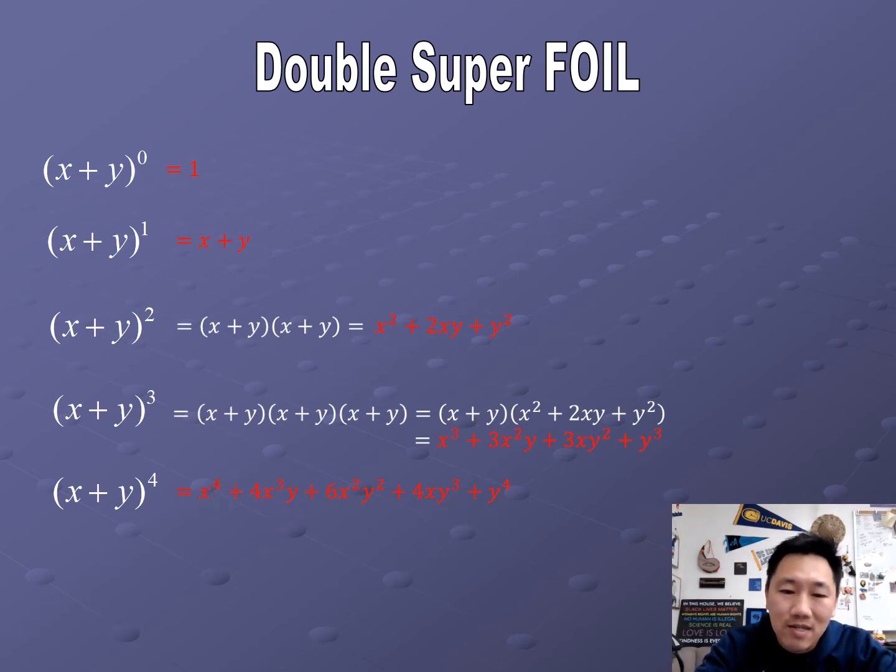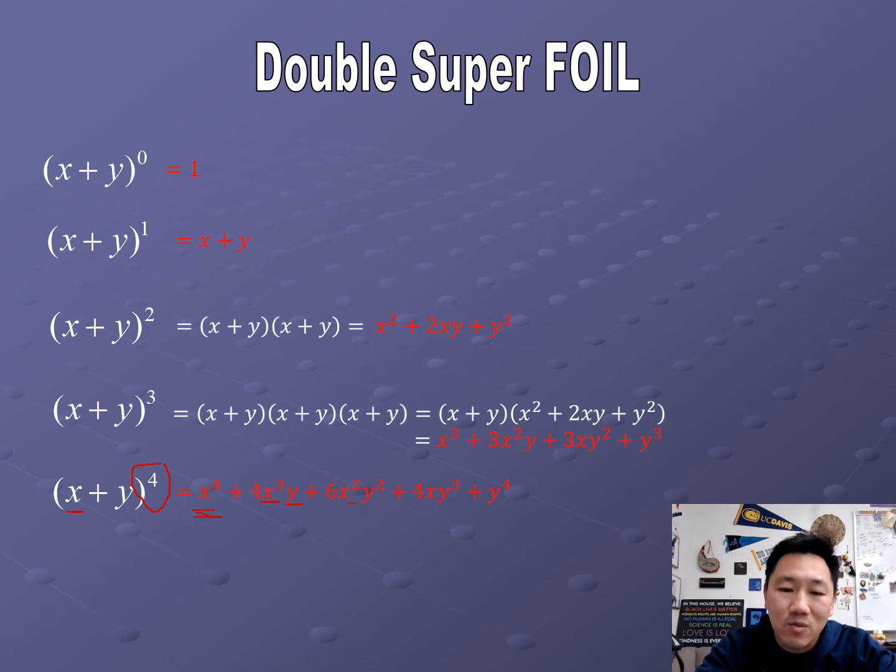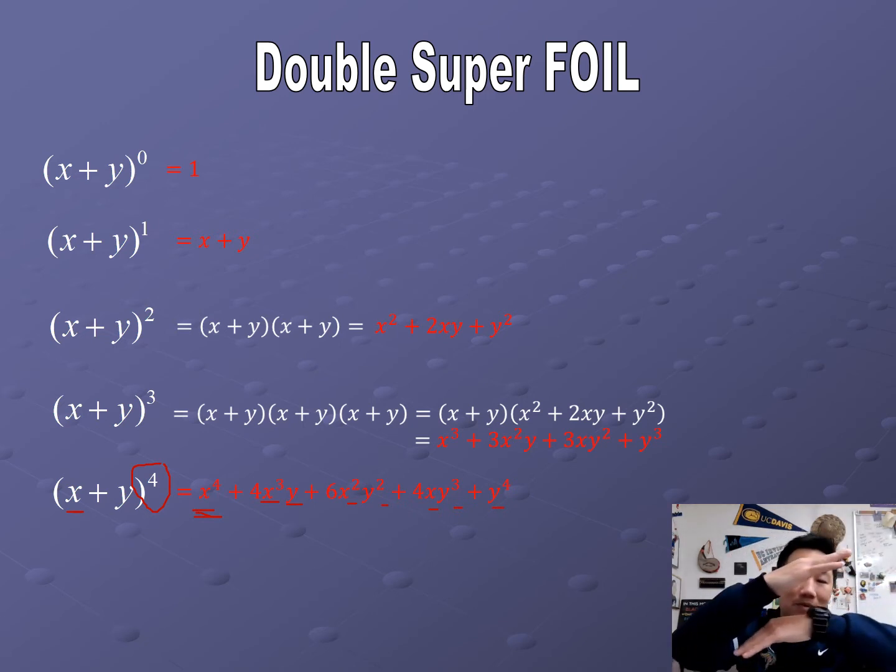So as you can see, if the problem has to the 4th power, then our first term is going to be x to the 4th power, and then from there the x's go down as the y's go up. So this one is x to the 4th, but no y. This one has x to the 3rd, but 1 y. And then this has x squared and then y squared. And then x, y to the 3rd, and then y to the 4th. So as the x's go down, the y's go up.